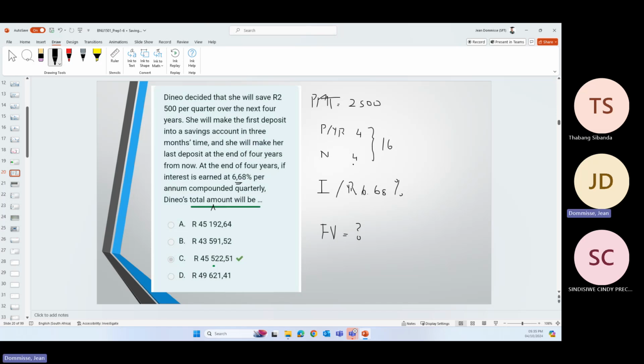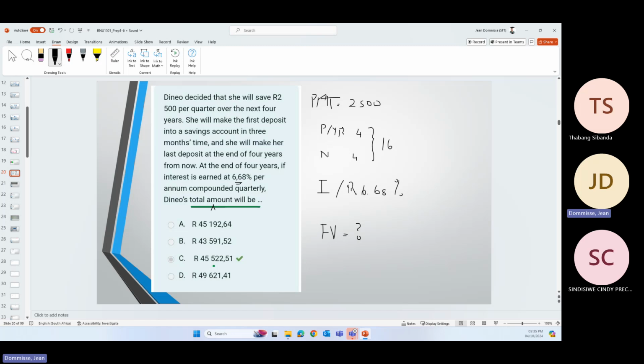I'm going to put this information into my financial calculator. I will after this just show you how to do it in Excel as well. 2,500 negative will be my PMT, then 4 times per year for 4 years.